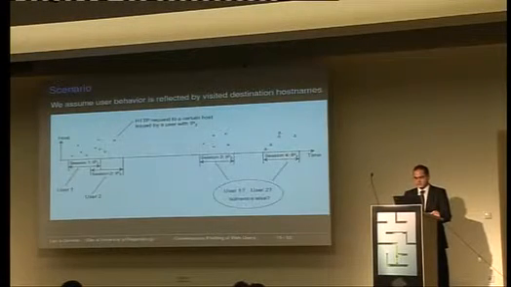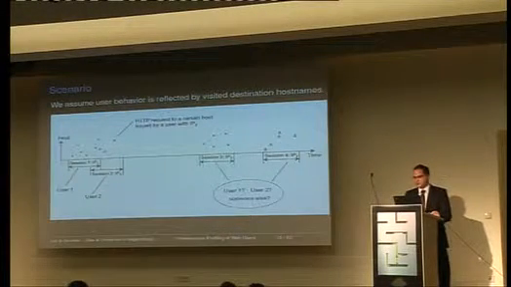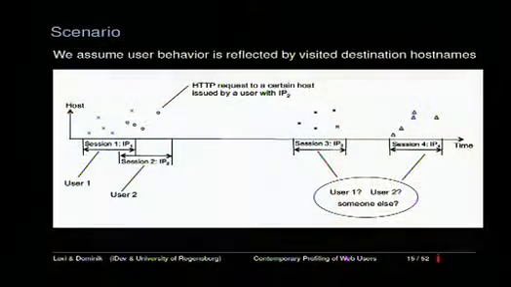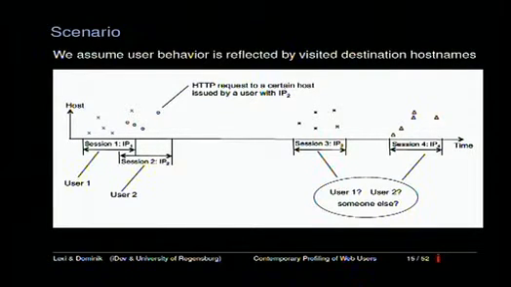So let's assume this scenario. We started out assuming user behavior as it is reflected by the visited destination host names, so the sites you're basically going to. The situation is like depicted in the graph here on the left side. You got two users, user 1 and 2, from two distinct IP addresses, and those two users are visiting different hosts.